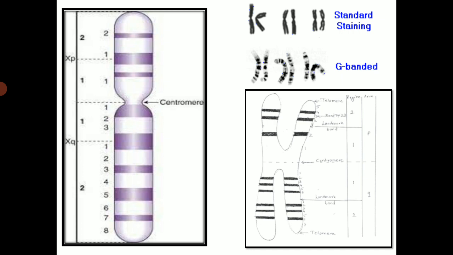Special stains bind preferentially to a certain segment of DNA because of the presence of higher or lower concentration of certain constituents, producing certain visible patterns of bands. Bands are the crosswise stains or striations on the chromosomes.